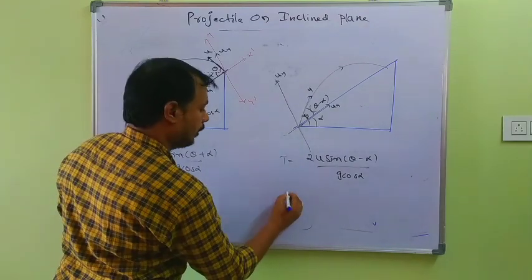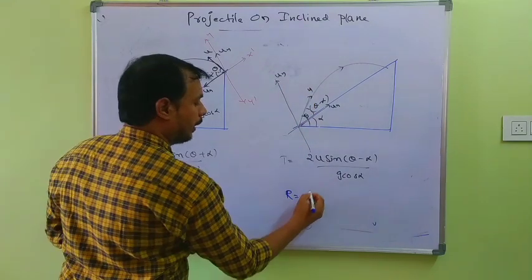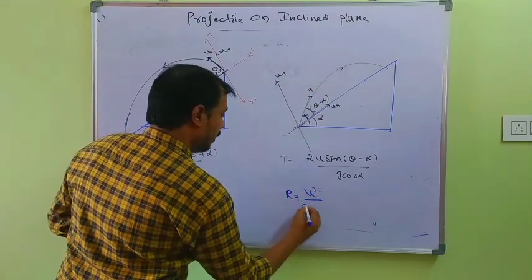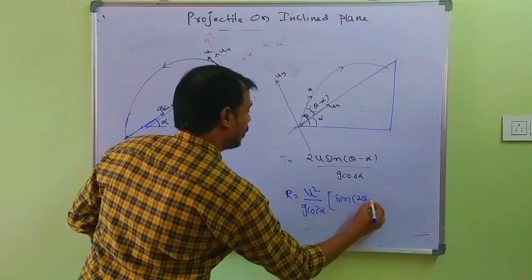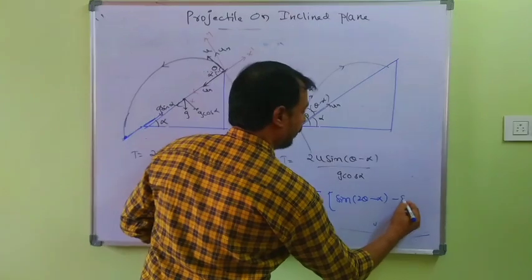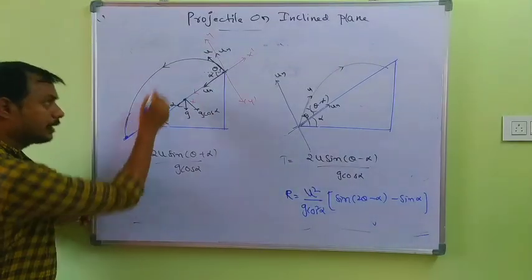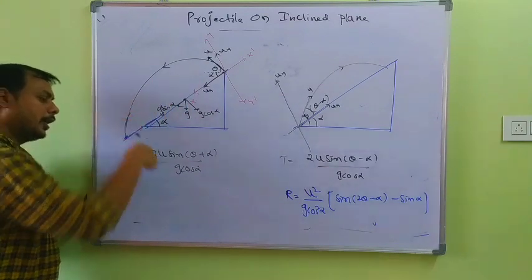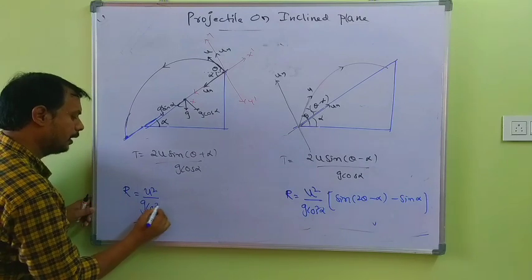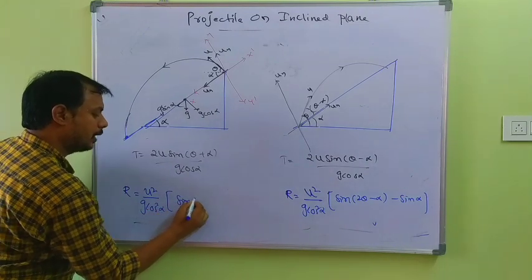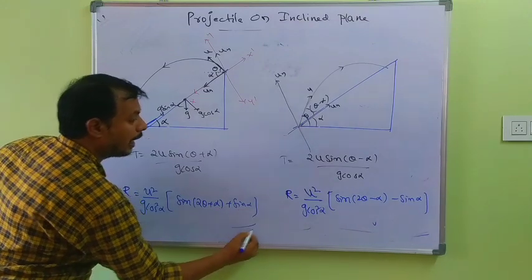Now the range r: when the body is projected up, the range is u square by g cos square alpha into sin (2 theta minus alpha) minus sin alpha. And when the body is projected down, the range r is equal to u square by g cos square alpha into sin (2 theta plus alpha) plus sin alpha.